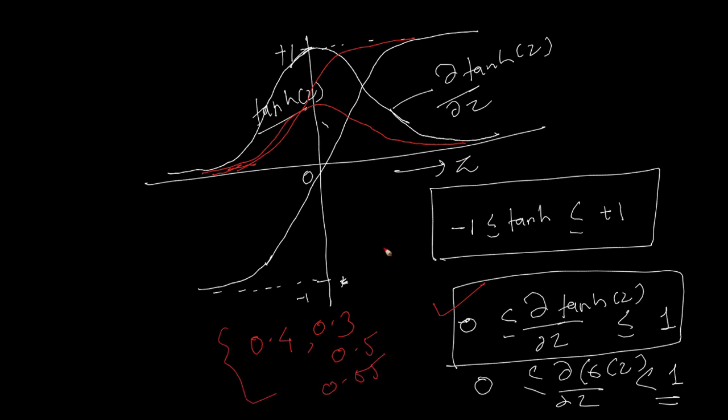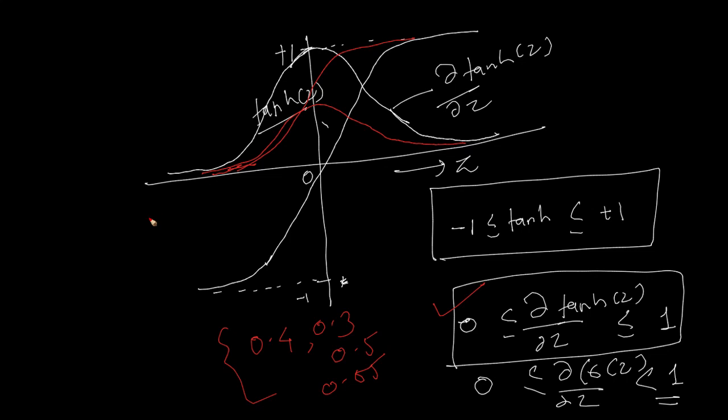So these were the two important activation functions from the pre deep learning era, before the advent of ReLU. We understood the shapes of sigmoid, the derivative of sigmoid, tanh, and the derivative of tanh.